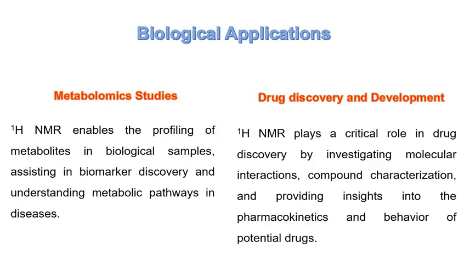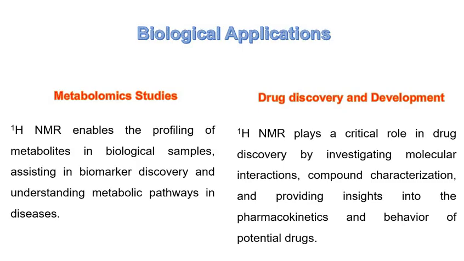It is mainly used for biological applications. Proton NMR in metabolomics studies. Proton NMR is widely used to profile metabolites in biological samples, for example, urine, serum. It provides quantitative and qualitative data without extensive sample preparation. That is very important.